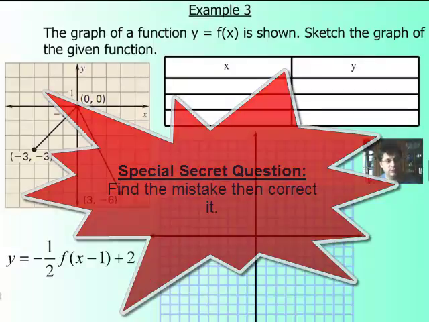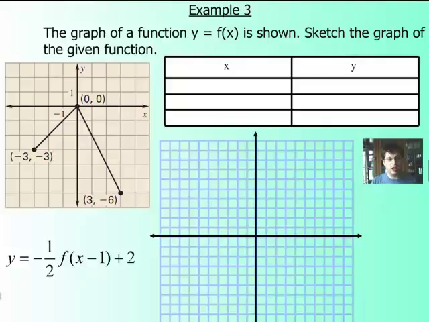So for example, here's a graph where y equals f of x, and we're going to consider this some arbitrary function that we don't have a name for, and this is the parent function of that function, and what we want to do is transform it.